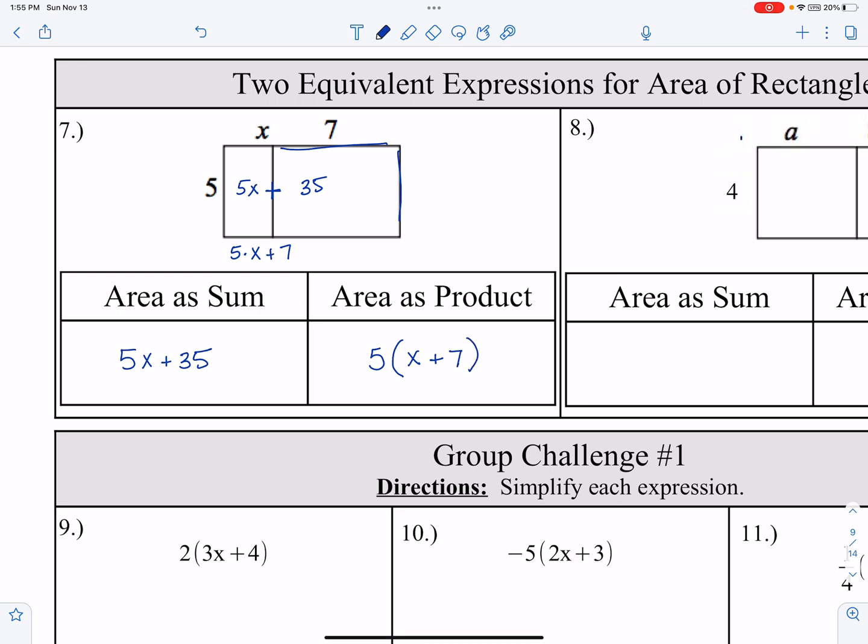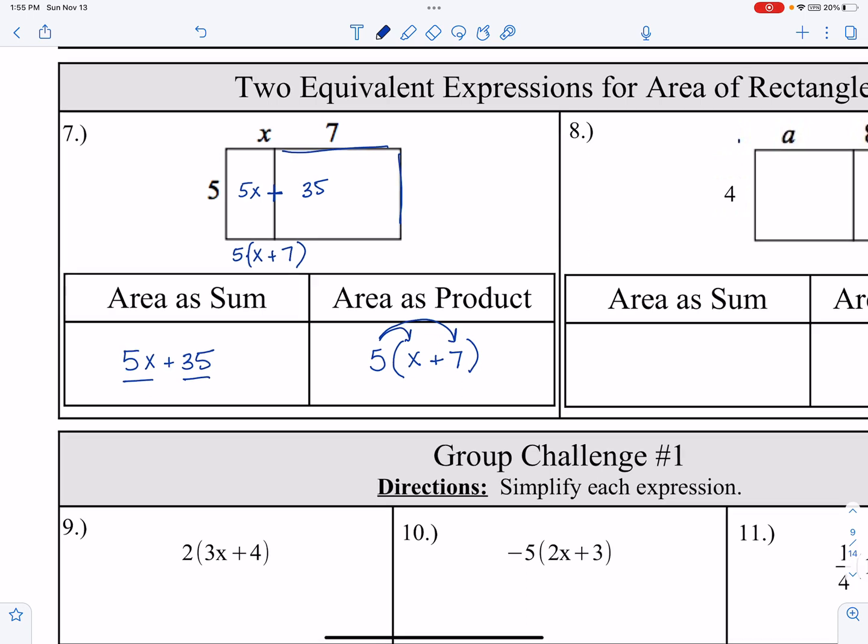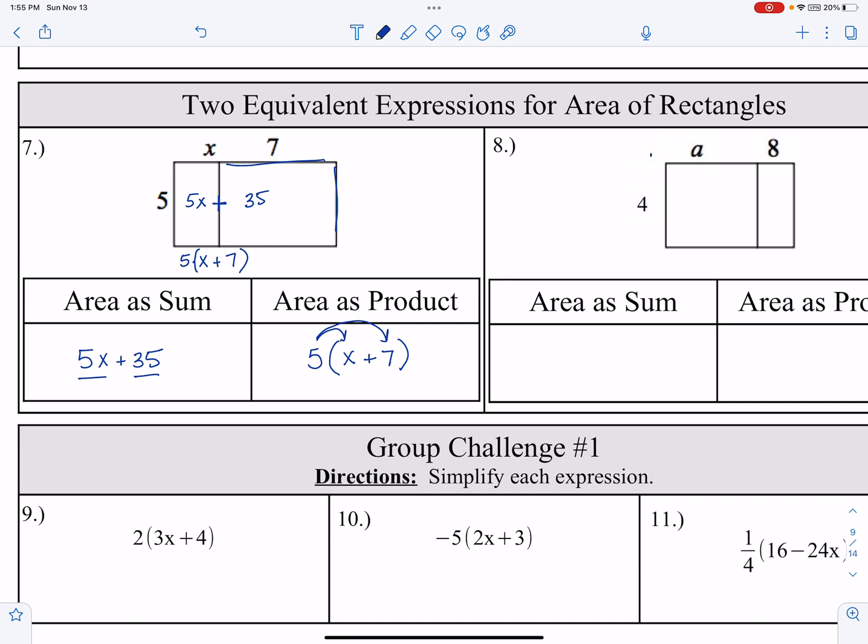So really we're doing 5 times the x plus the 7. And so if we put those into parentheses like that, we end up with 5 times the quantity of x plus 7. And if you look at your distributive property, you can see 5x is there, and 5 times 7 is the 35. So these are the same things. Okay, so we basically undid the distributive property to create that.